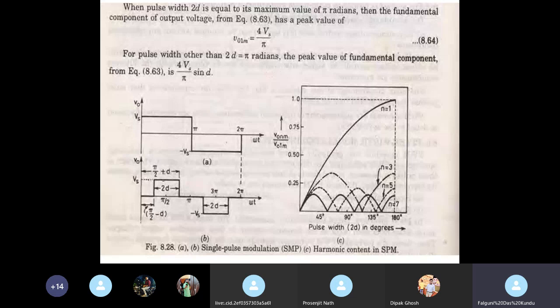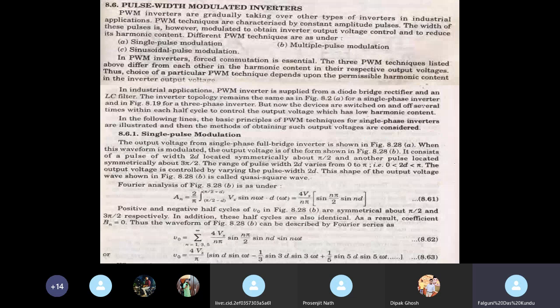And this shape of the output voltage we get by varying the 2D, and we get this type of output voltage, and this is called the quasi square wave, okay? So after doing the Fourier analysis, we get AN is this, BN, okay?